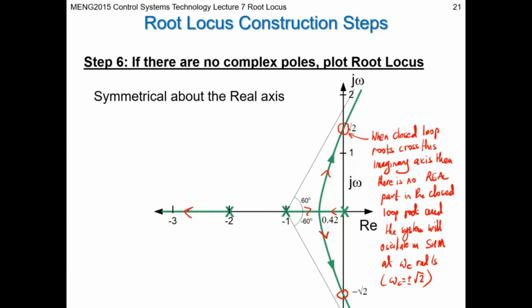But as k continues to increase from this point, once it crosses over this imaginary axis, it's going to become unstable, because now the closed loop root has a positive real part. That means that the exponential power is going to have a positive value, and that means it's going to grow to infinity over time.